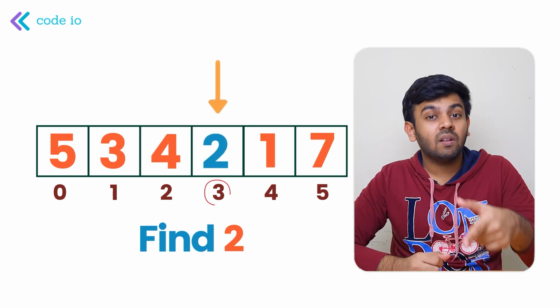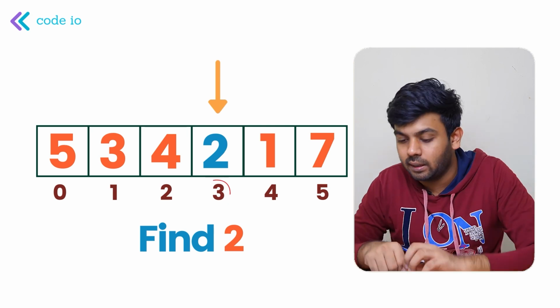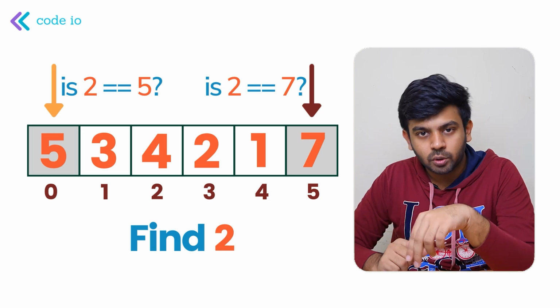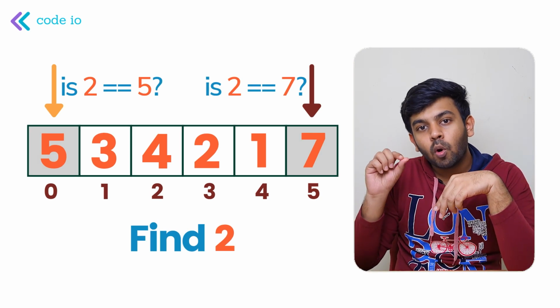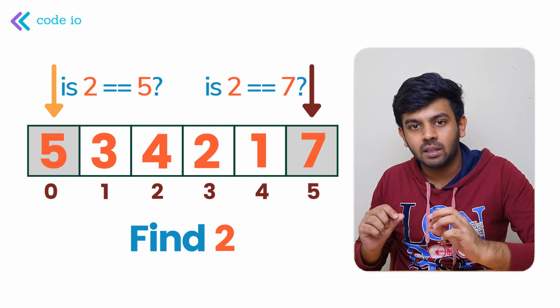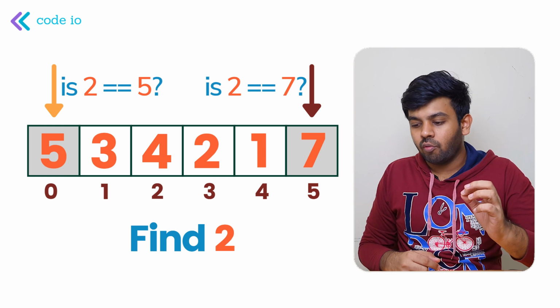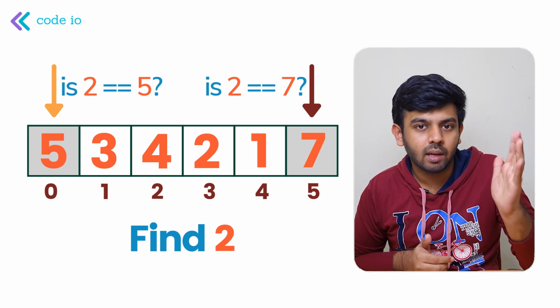But instead of that, this time we are going to search from two sides simultaneously. So in the first iteration, we are checking if 5 is 2 and 7 is 2. We are checking both these conditions in one iteration. Assume that in the previous approach we were checking arr[i] equals the key.